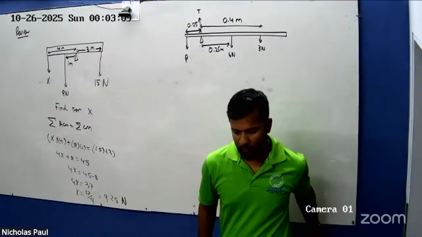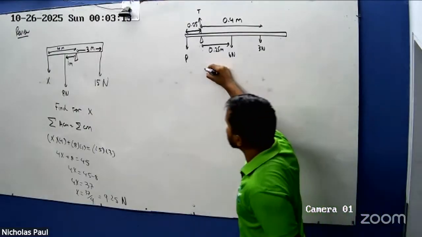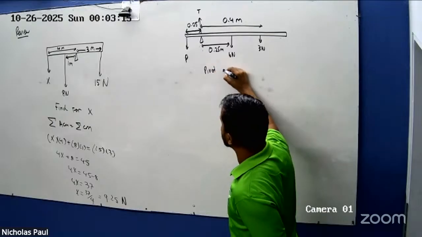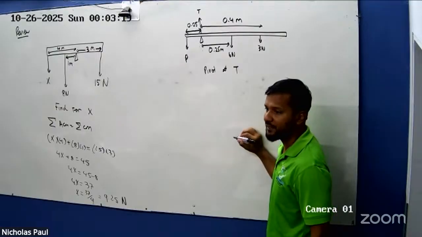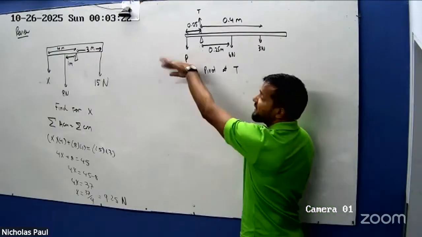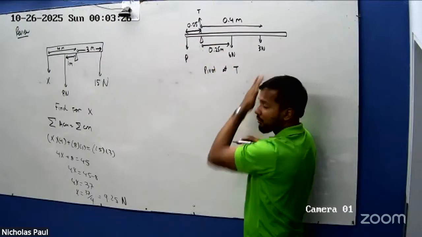Right? So what are we going to do here? First thing we're going to say, of course, is pivot at what? At T, right? Which ones are clockwise, which are anticlockwise? This is your anticlockwise and this is your clockwise.